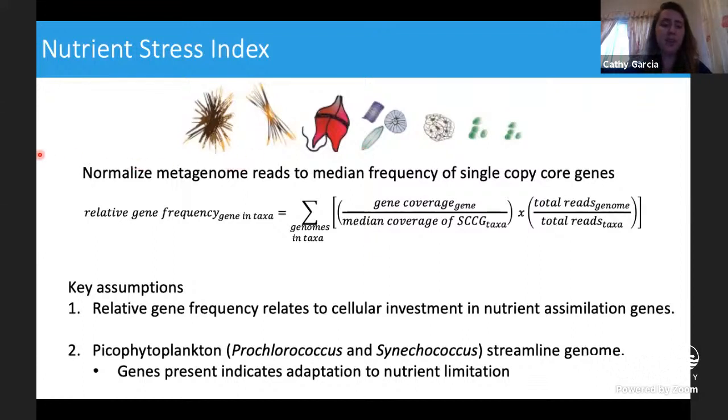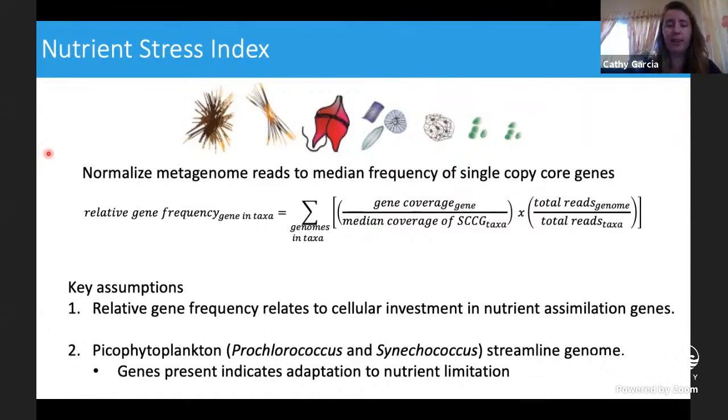Some key assumptions here are that we're assuming the relative gene frequency, by which we're looking at the genes for different nutrient assimilation pathways, whether related to nitrate, nitrite, ammonia, urea, assimilation within the cell.